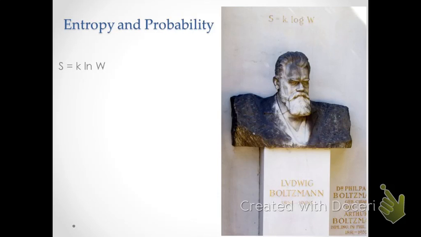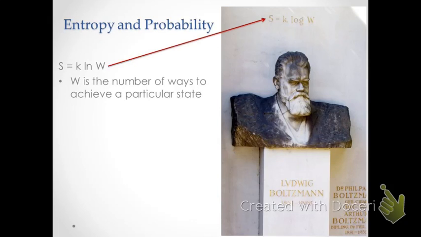Now, there's an alternative definition of entropy which we really won't explore very much this semester, but it was developed by Ludwig Boltzmann in the 19th century, and it's associated with probability. This alternative definition gives us entropy is equal to k, k being the Boltzmann constant, times the natural log of W, where W is the number of ways that we can achieve a particular state of the system.